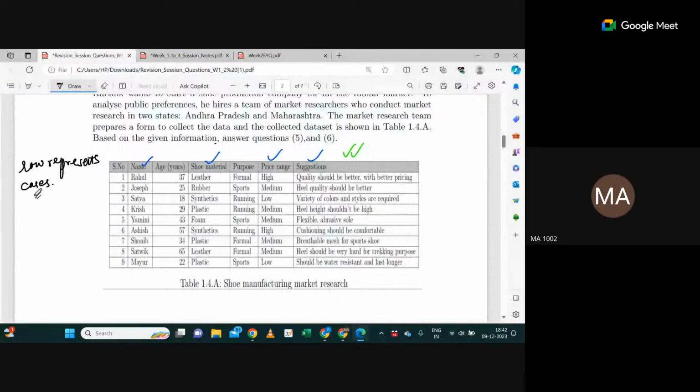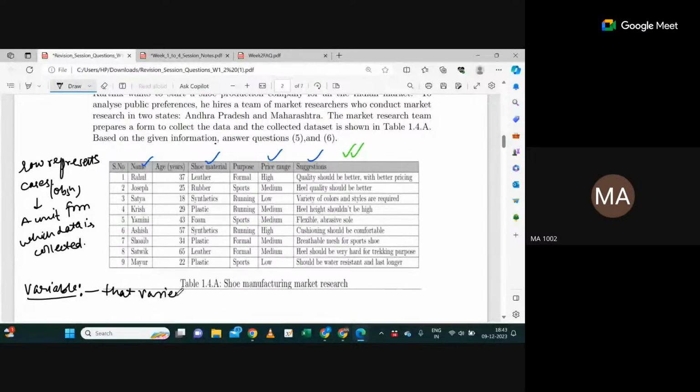So cases or observations are nothing but a unit from which data is collected. Okay. And let me tell you another thing. One thing is called a variable. A variable is something that varies, right? And a column represents the variables.